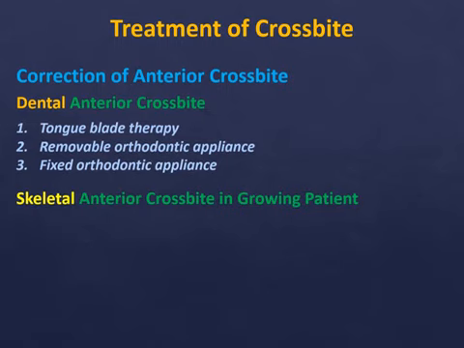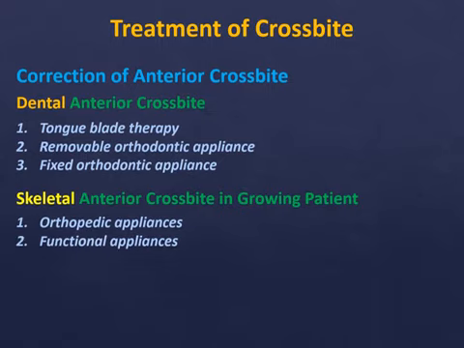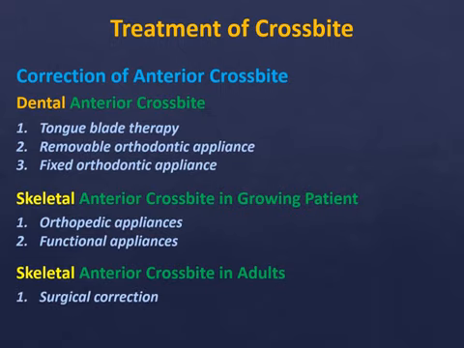In case of skeletal anterior crossbite in a growing patient, we have orthopedic or functional appliances, while in case of skeletal anterior crossbite in adults, we have surgical correction. So these are the treatment options in case of anterior crossbite.